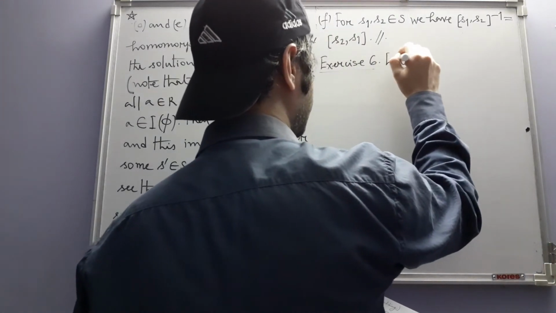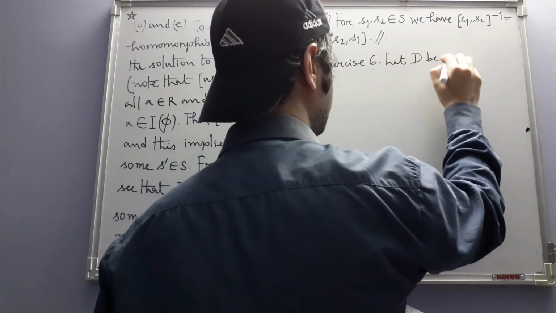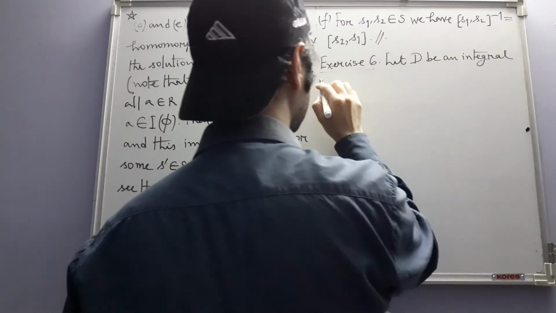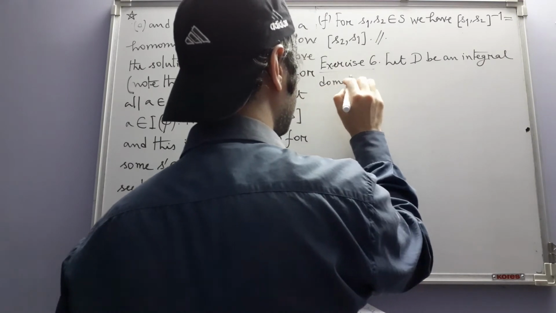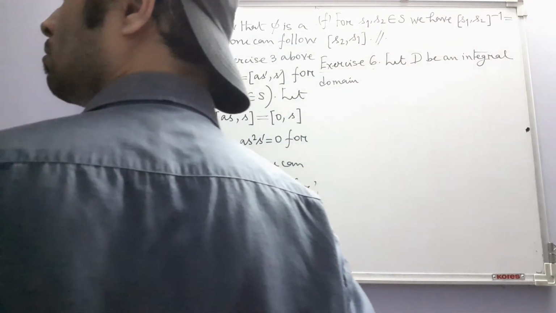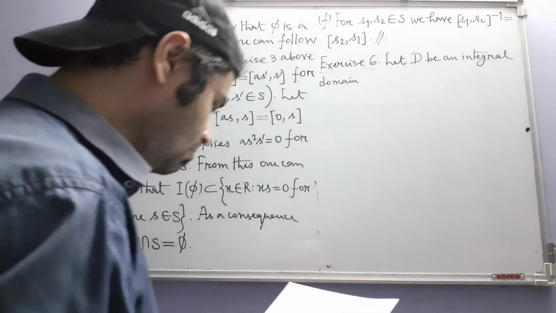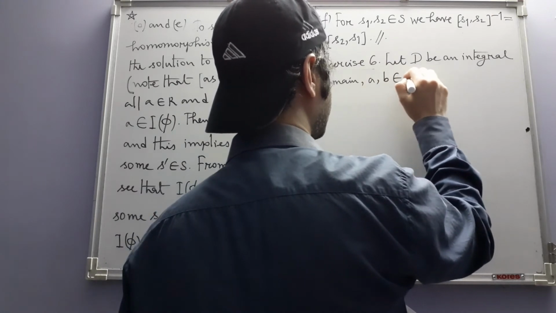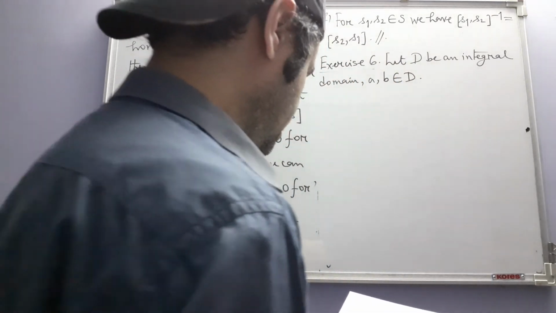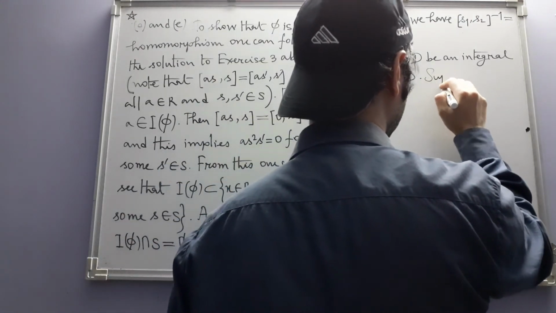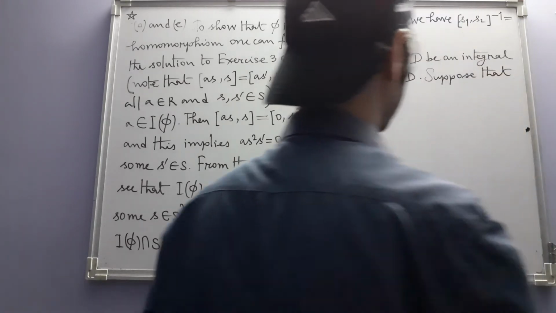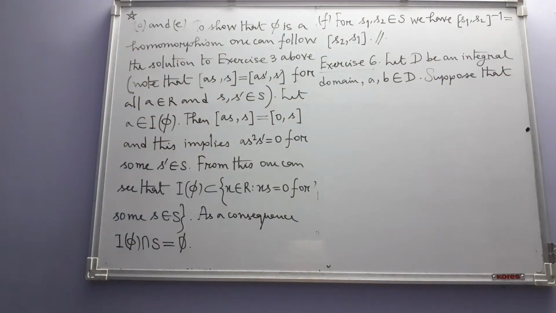Let D be an integral domain and A and B are 2 elements in D. I like this exercise because it uses the field of fractions in a very clever and simple way.